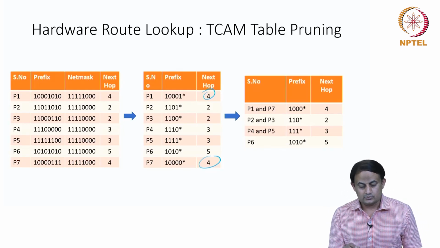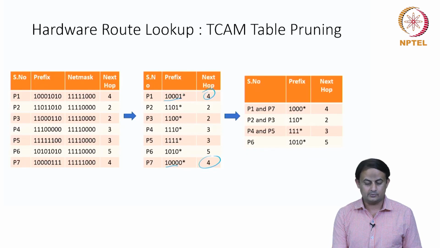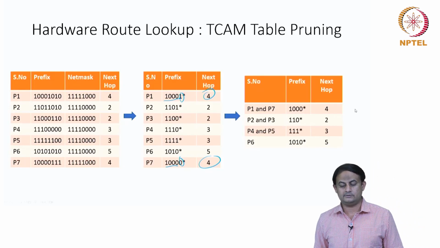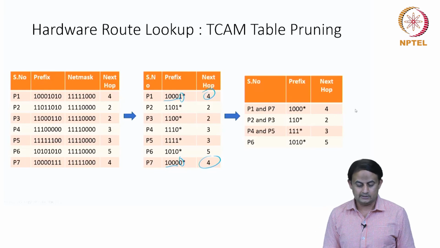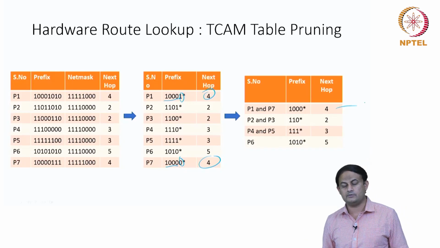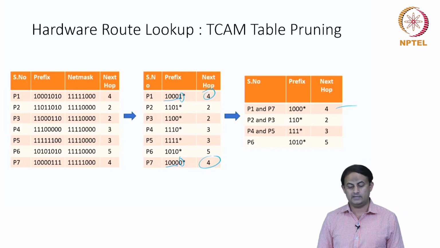I can merge two entries only when they differ by 1 bit. So 1000 is there in both, and the fifth bit here is 1 and the fifth bit here is 0. I can merge these two entries and get one entry. It does not matter whether the fifth bit is 0 or 1, I still need to forward it to port number 4. That is the meaning of that.